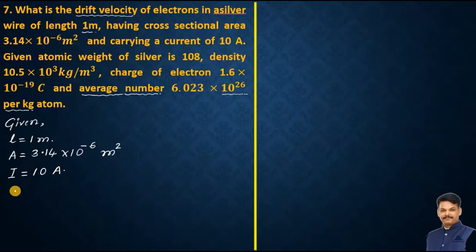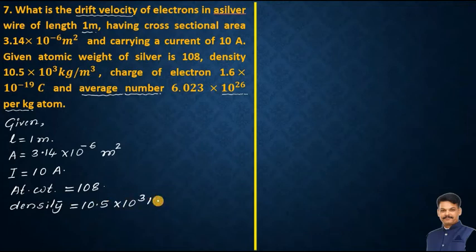Then atomic weight is given, it is 108. Then density is given, it is 10.5 into 10 raised to 3 kg per meter cube.